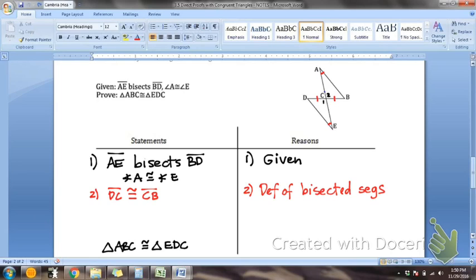Okay, so we know that angle 1 is congruent to angle 2. So if we mark it, we have to write it. So angle 1 is congruent to angle 2. Look back at your previous proofs and find the reason that goes with this one.